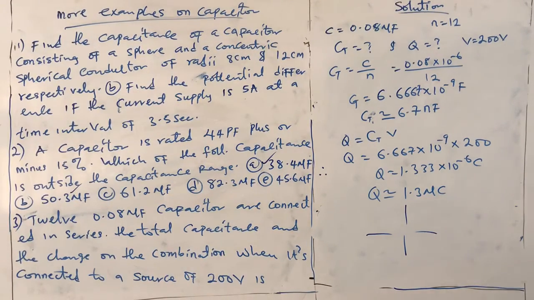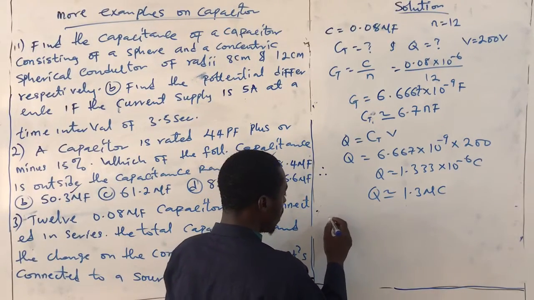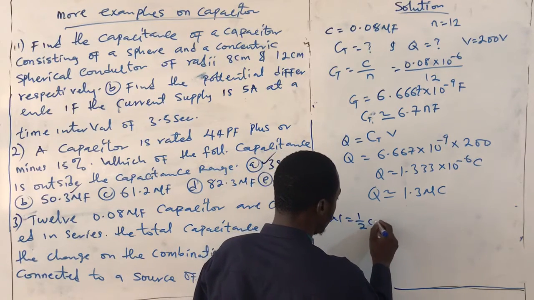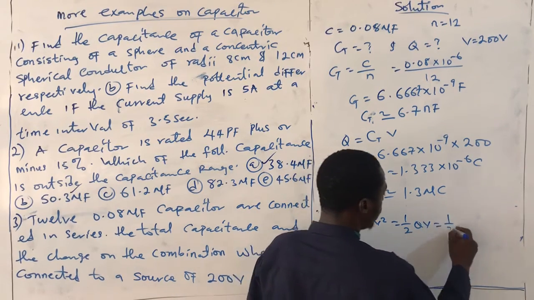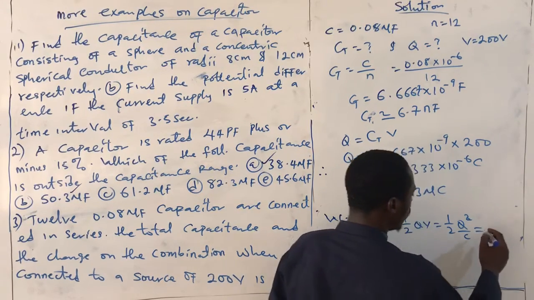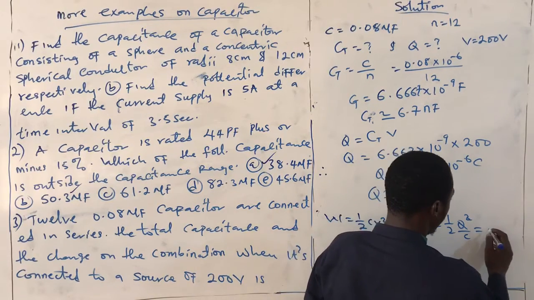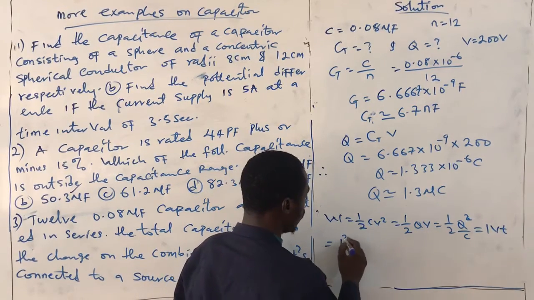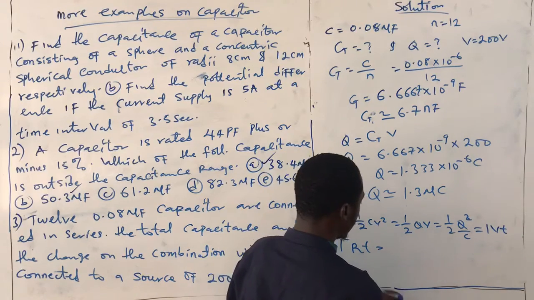Then the same thing applies to energy. So we have equipartition of energy, in which the work done in a capacitor, which is half CV squared, is equal to half QV, and half Q squared over C. It can be equal to the electrical energy, which is IVT, which is equal to I squared RT.